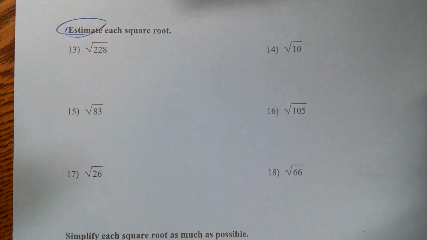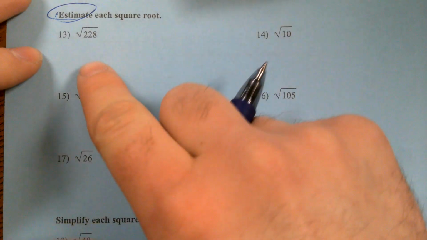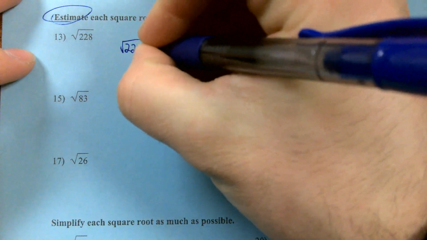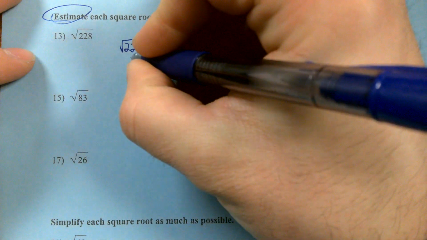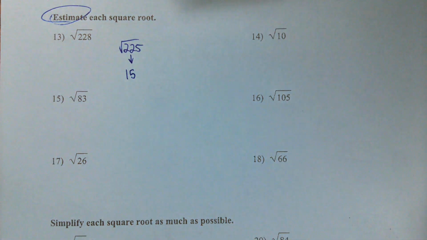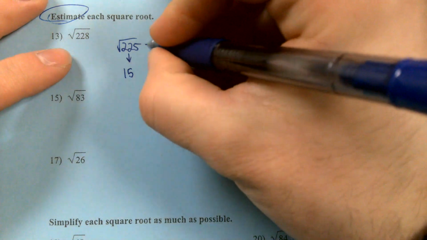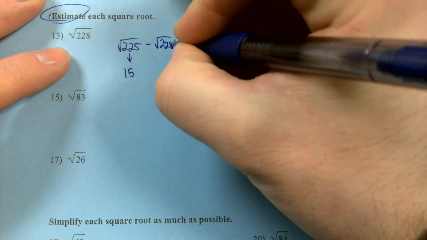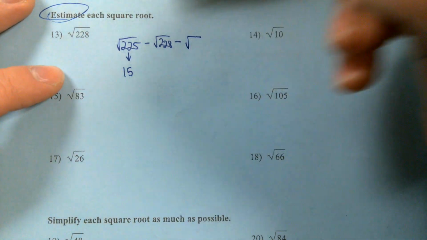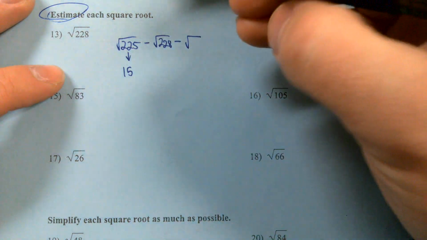So we can start by thinking, well, what's the closest perfect square to 228? In my mind, that's 225. Right? And 225 gives us a root of 15. 228 is going to be right after that. And then what's the next perfect square after 225?